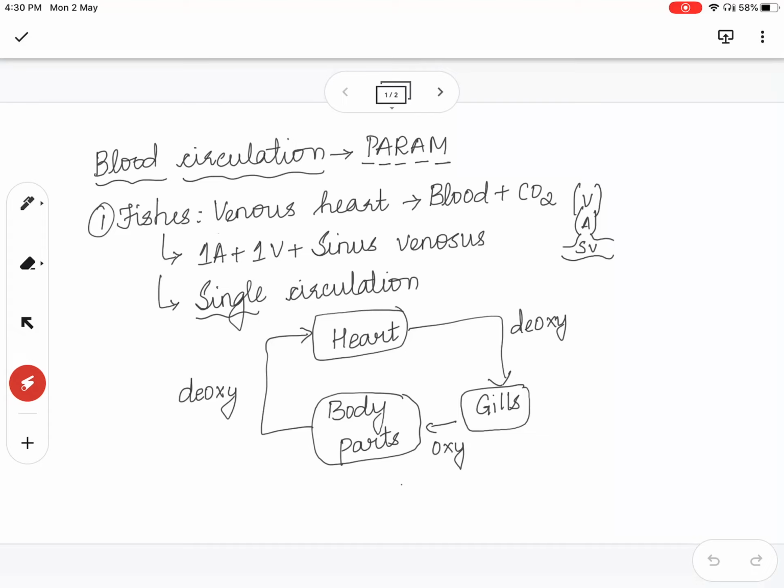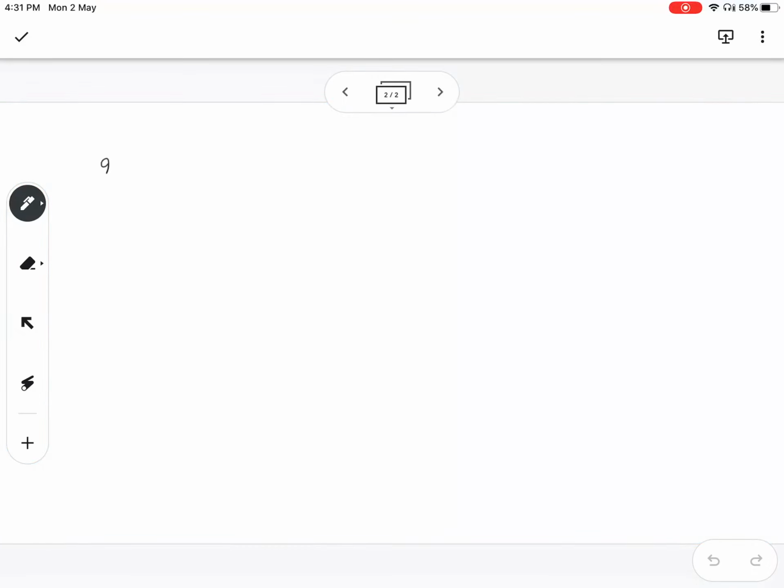This itself is called single circulation.